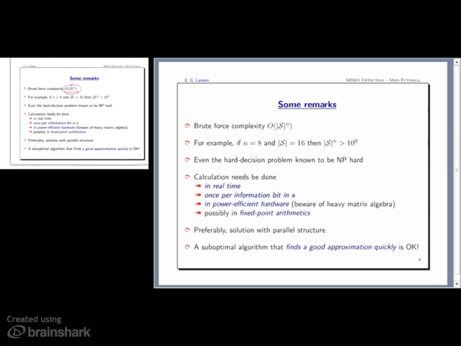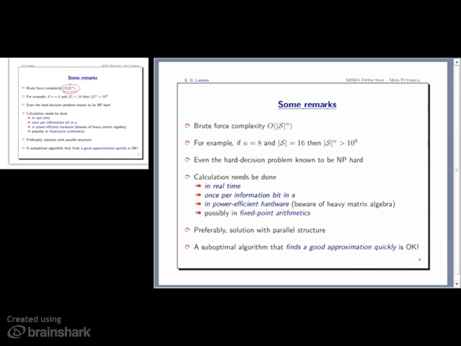For example, suppose n is equal to 8 and the constellation has 16 elements, think of 16 QAM or something like that, then the cardinality of S taken to the nth power is greater than 1 billion. And of course this problem has to be solved for every single vector received, right? So complexity can be huge.